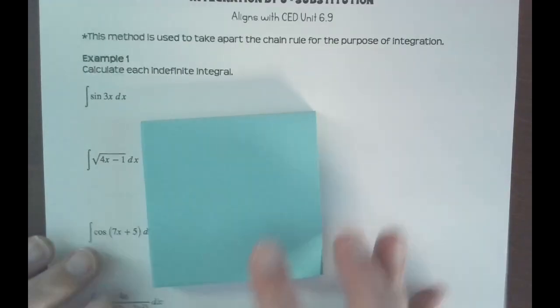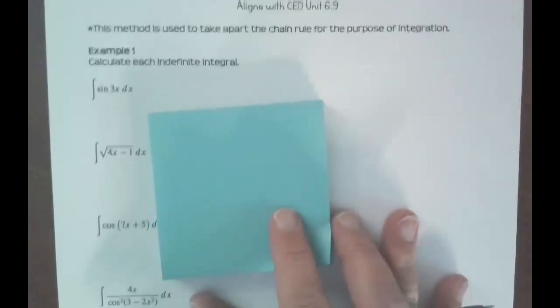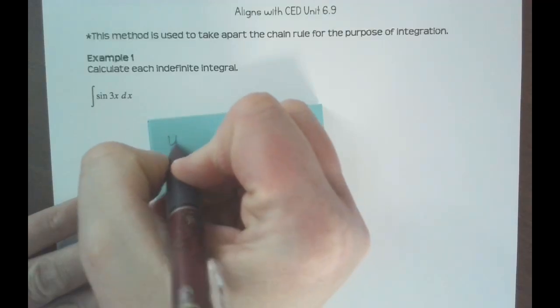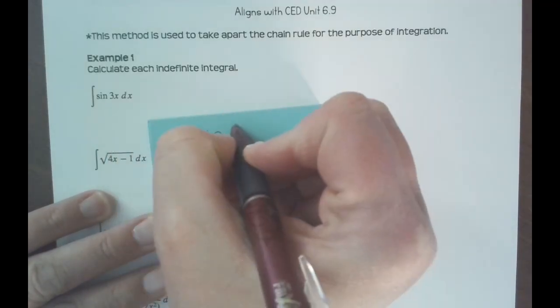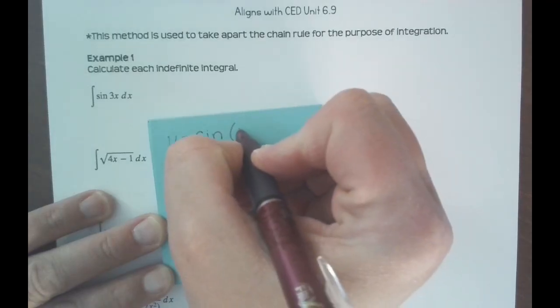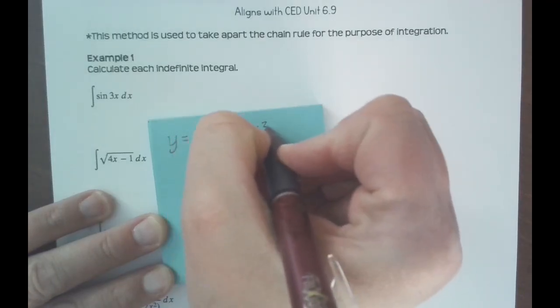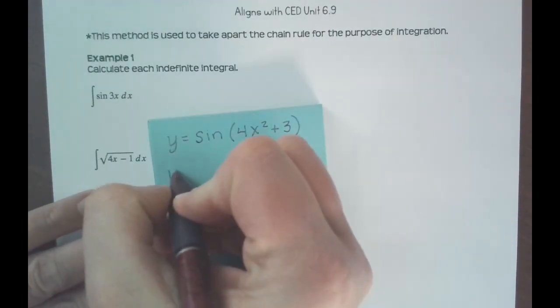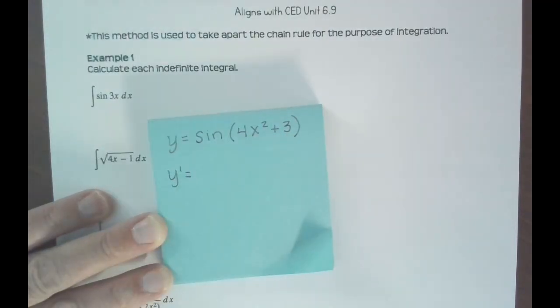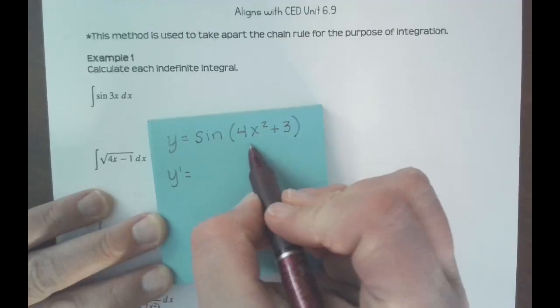So let's say, for example, I give you a function like y equals sine of 4x squared plus 3. And I say take the derivative of that, right? Well, hopefully you're looking at that and saying, I need the chain rule.